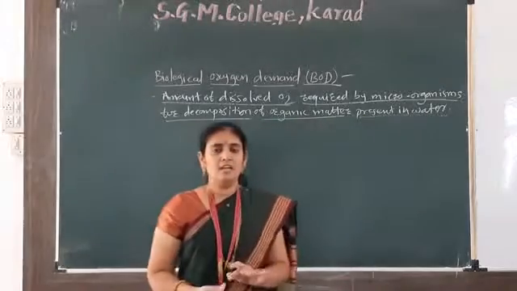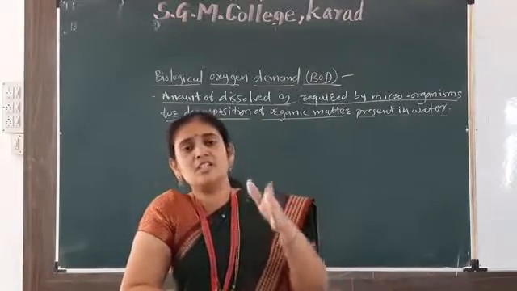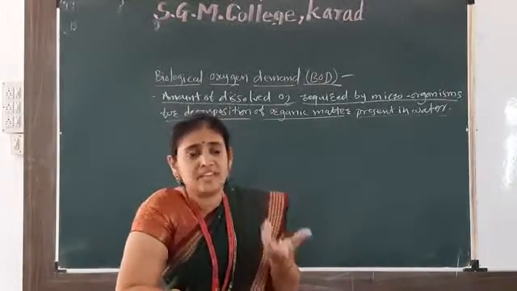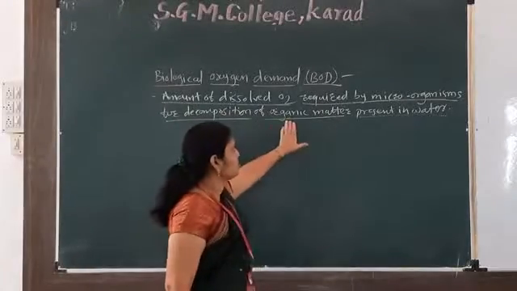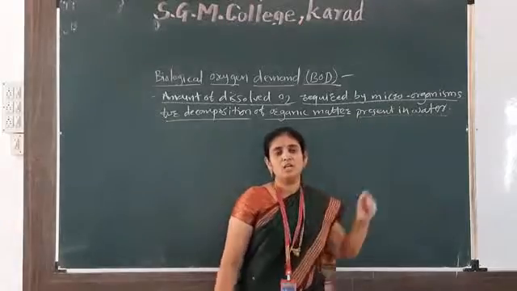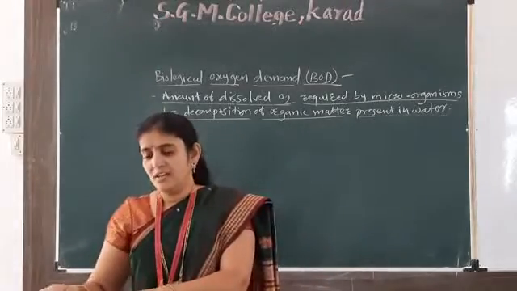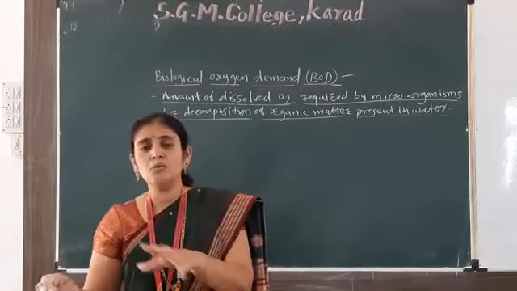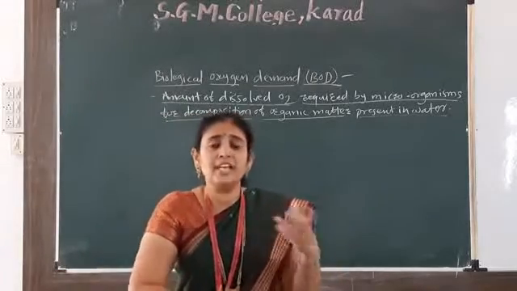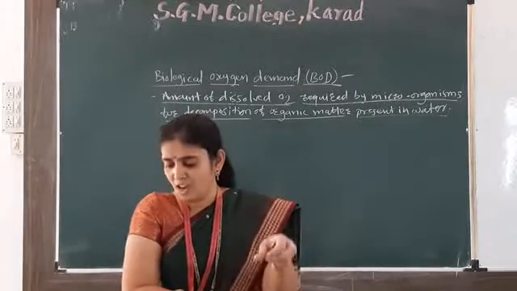So here, by evaluating this biological oxygen demand, we can measure the presence of organic matter in water, and therefore by measuring the biological oxygen demand, we can measure how the water is polluted or how much amount of organic matter is present in that water.